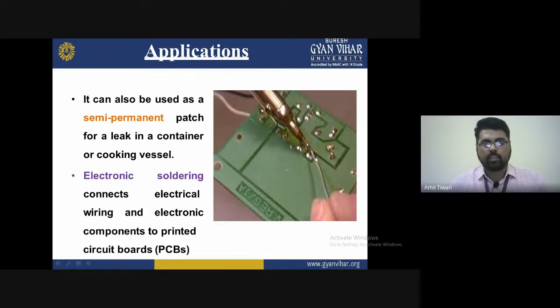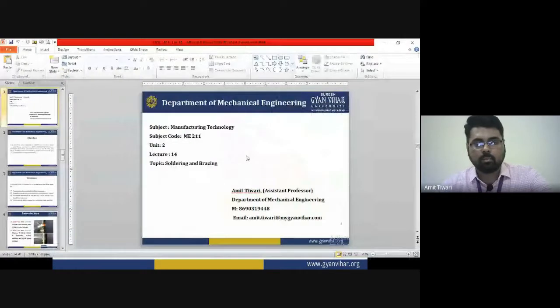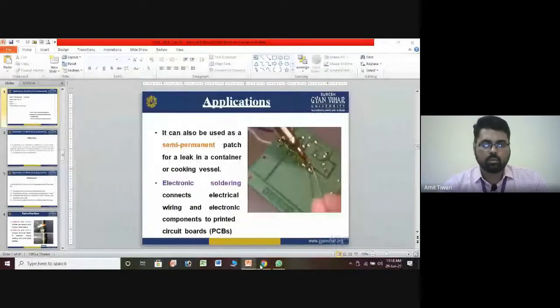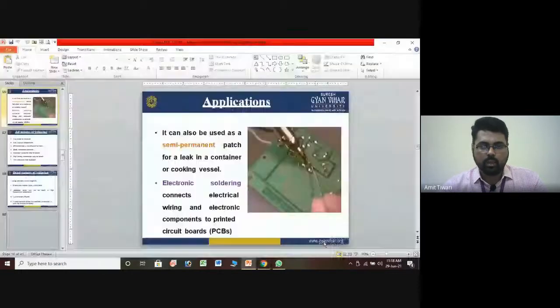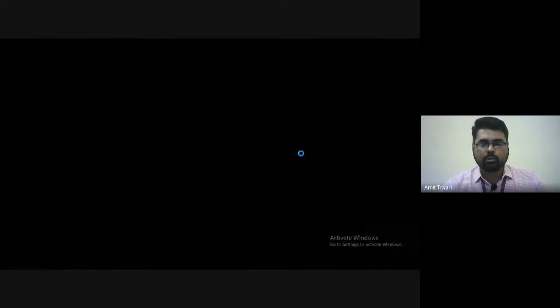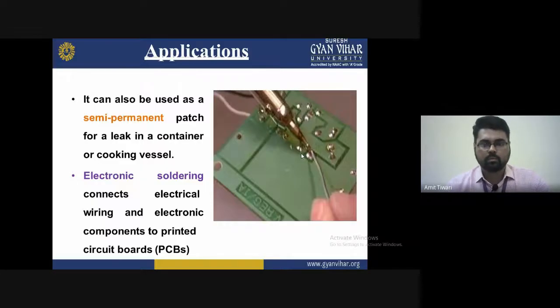These boards are also used for machining purposes. I am telling you this to help you understand metal joining processes and how to maintain quality, and the applications are as follows.